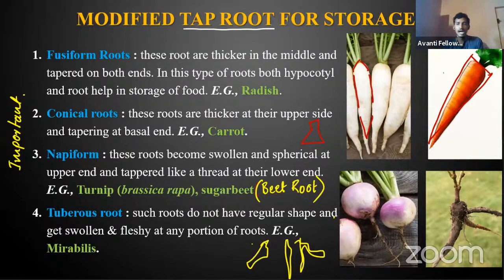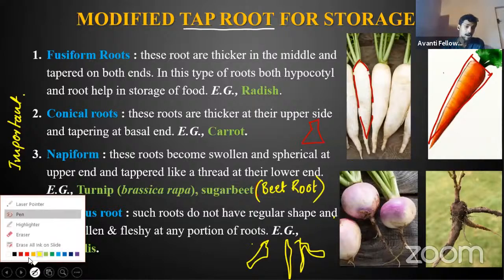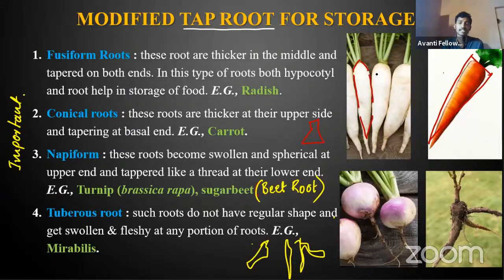How can we identify them as a taproot? By looking at them. Good question. In all these different kinds of root, there is no branching or fibrous nature. When we discuss fibrous kind, the adventitious root modification, then you will come to know.